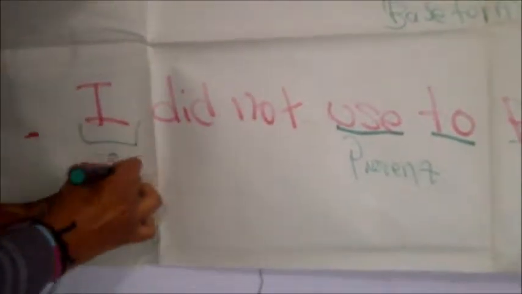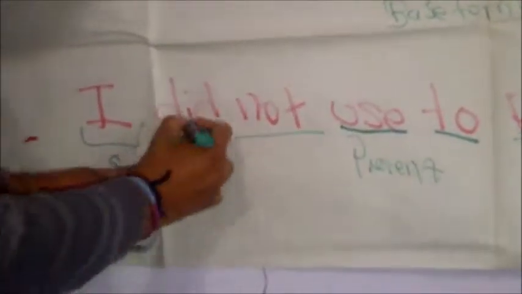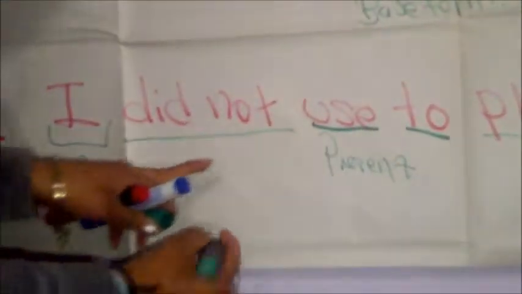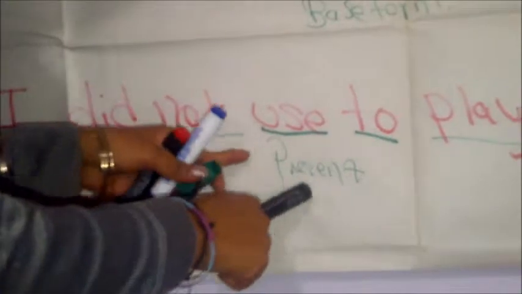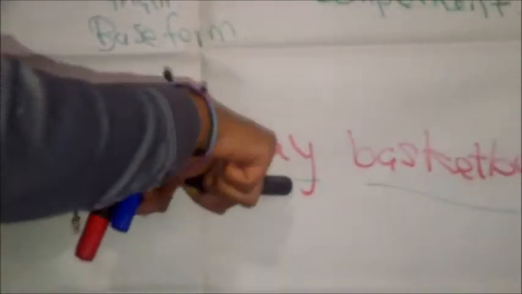And for the negative one, you can also write the structure. For example, subject, did, plus not, and use, but in this case it's in the present, and also the main verb in the base form and the complement. In this way, the students can realize the difference.